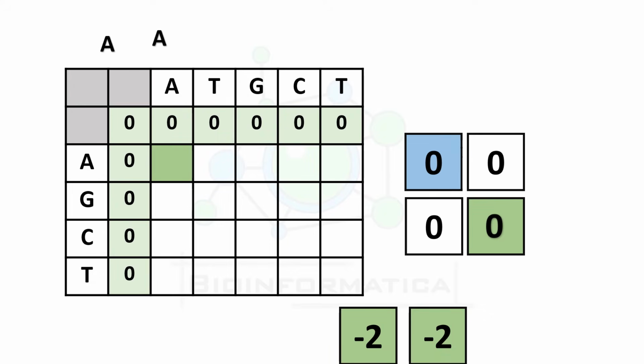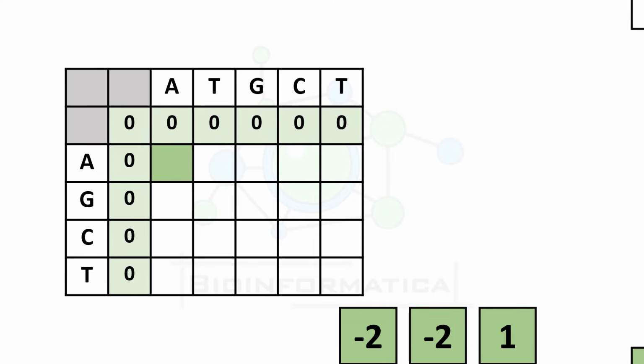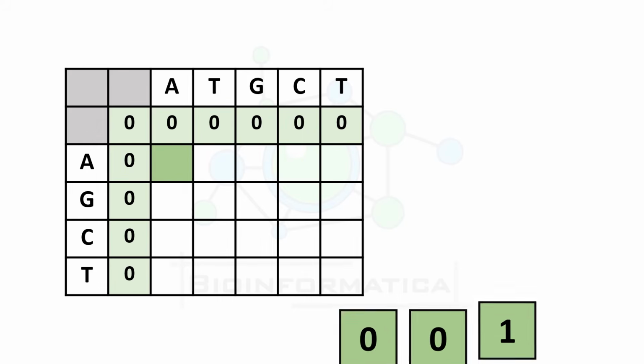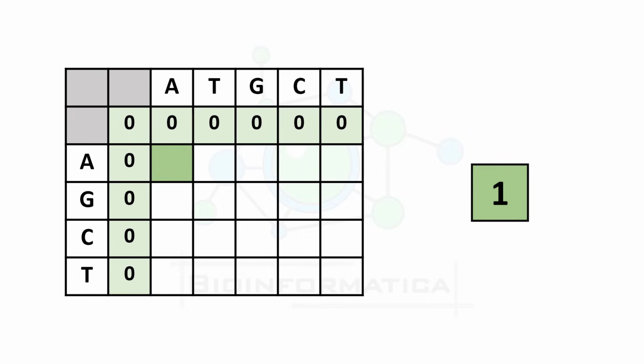In this case, these are A and A, so it is a match, and hence we add the matching reward to 0, so we get 1. Now, as we know, in the case of Smith-Waterman, all the negative values become 0. So, -2 and -2 become 0 and 0. Among 0, 0 and 1, 1 is the maximum, so we take 1 and put it into the cell.